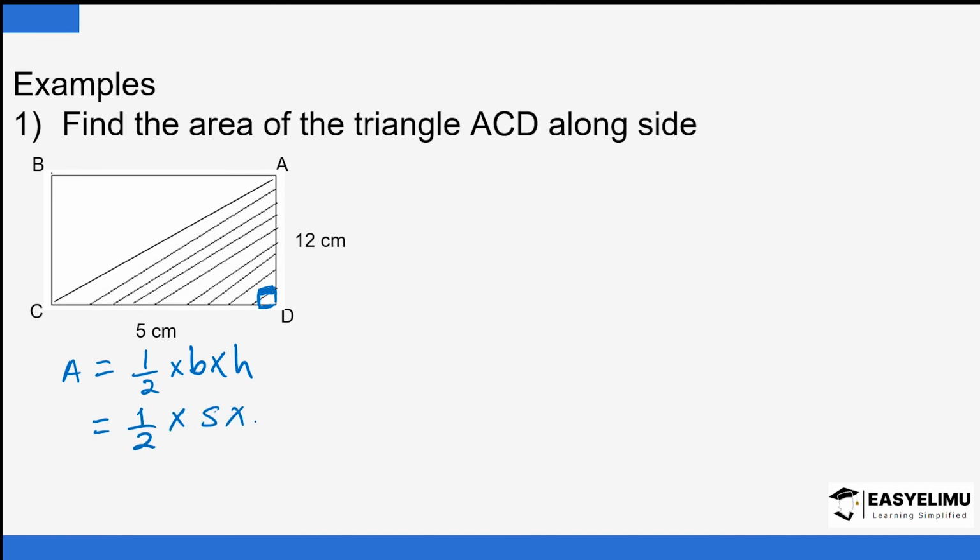So base is 5 and height is 12. This is very easy. So 2 here, 1, 2 there, 6. And so you have 5 multiplied by 6, which is 30 square centimeters.